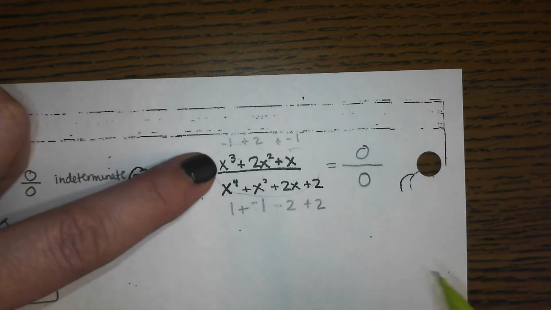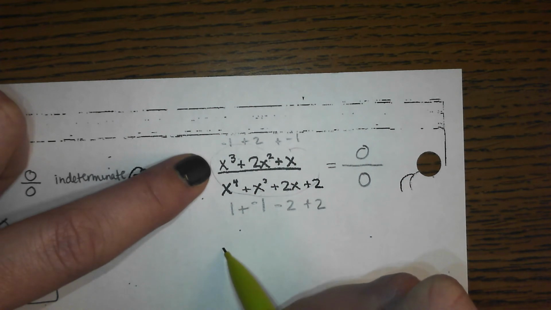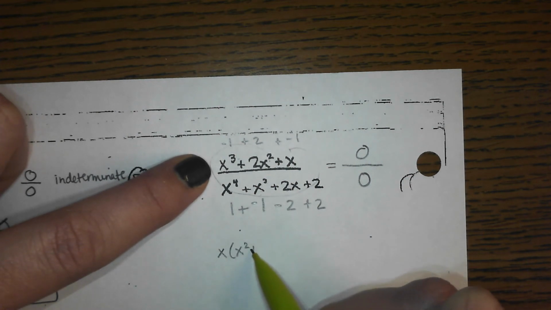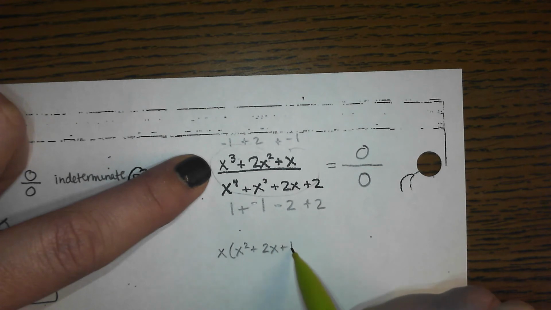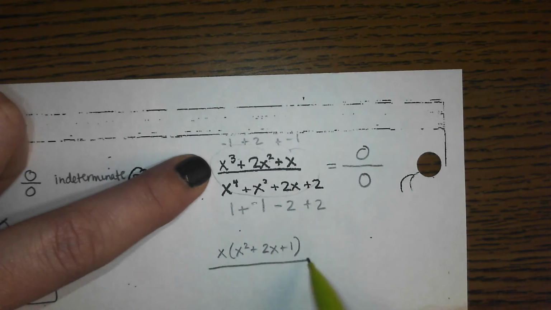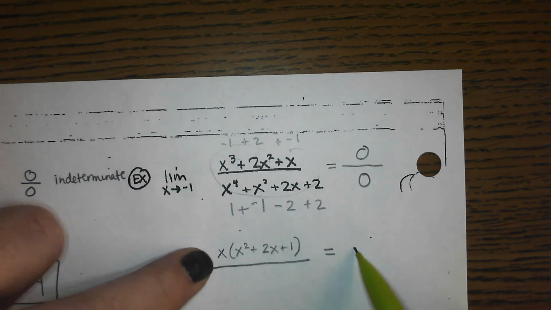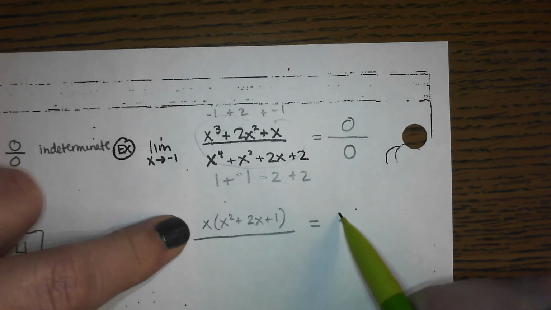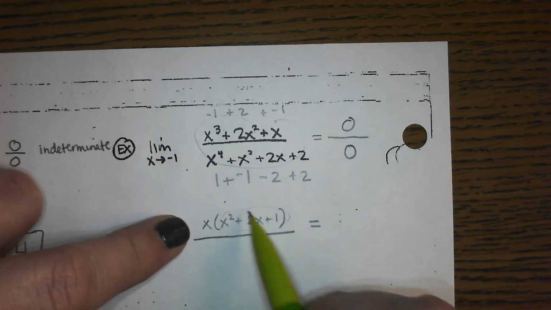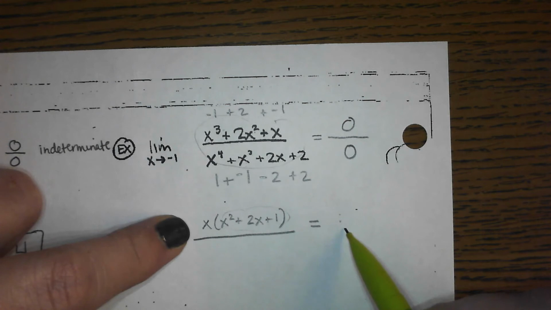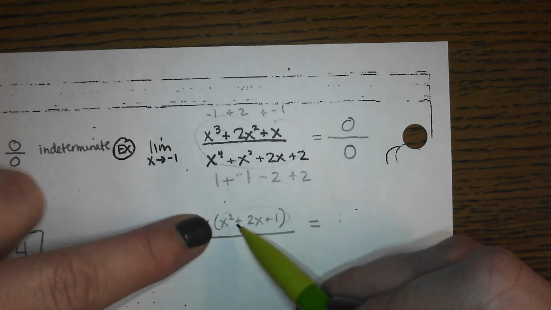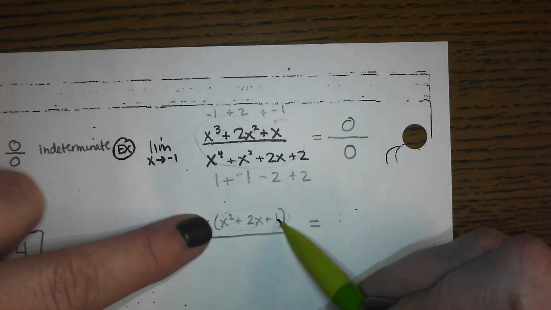So up top, Mitch, what can I do? Good. Anything else on the top, Mitch? Can I go further with this once I've taken out an x? I never group a trinomial 2 by 1.